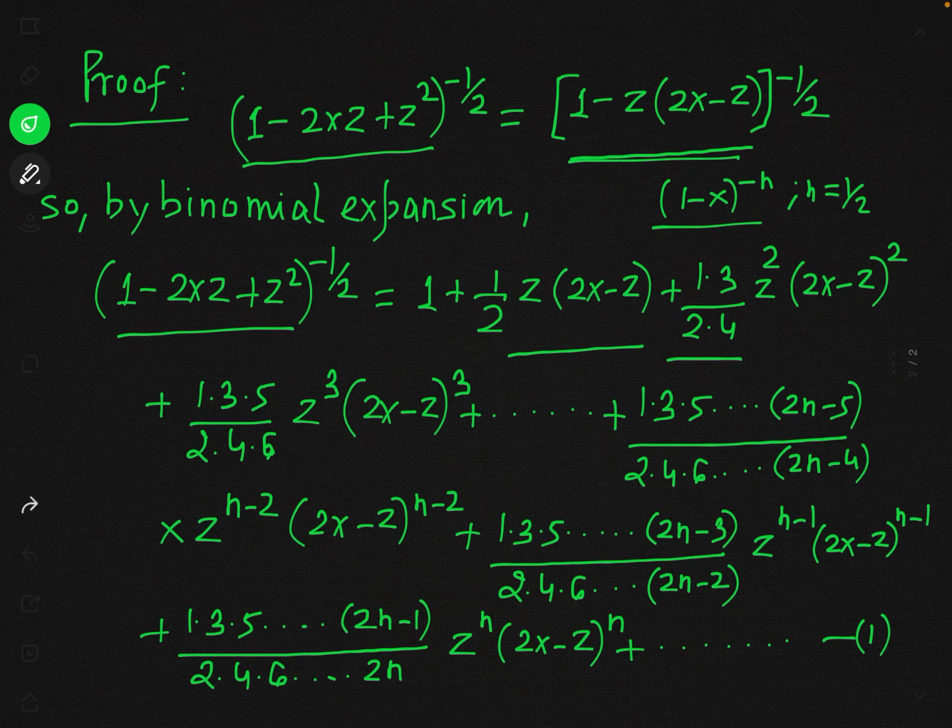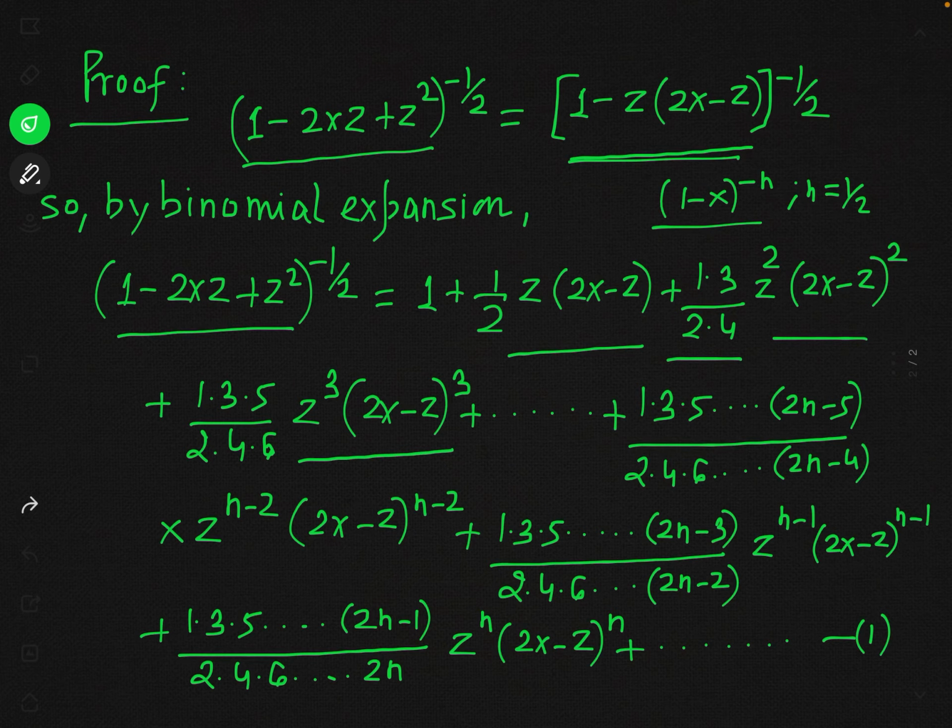This will be equal to 1 plus half z into 2x minus z plus 1 into 3 by 2 into 4 into z square into 2x minus z whole square plus 1 into 3 into 5 over 2 into 4 into 6 into z cube into 2x minus z whole cube, and so on.